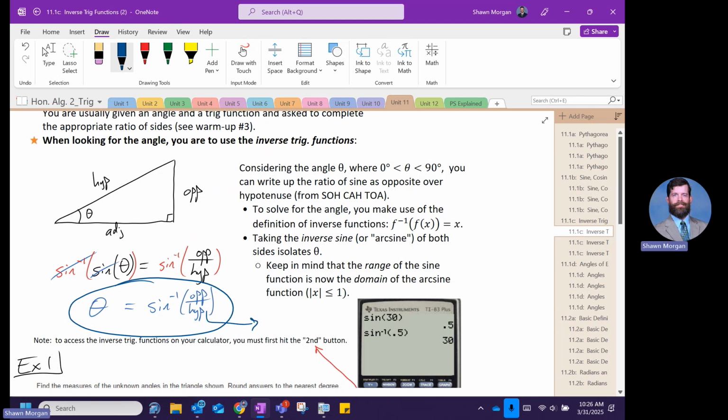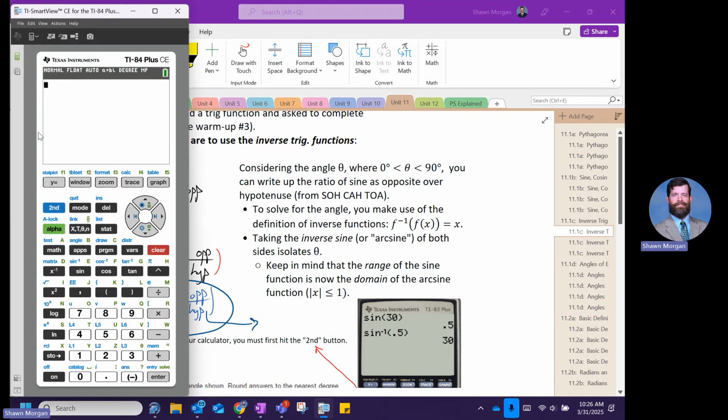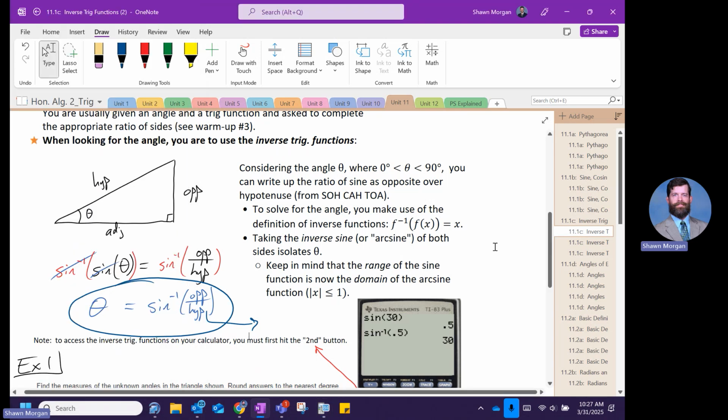I can't take the inverse sine of something that's bigger than 1 or less than -1. Watch what happens. On my calculator, if I did inverse sine of 1.1, even something just a little bit more than 1, I'm going to get a domain error message. So you can't take the arc sine, arc cosine or arc tangent of something that's bigger than 1 or less than -1.